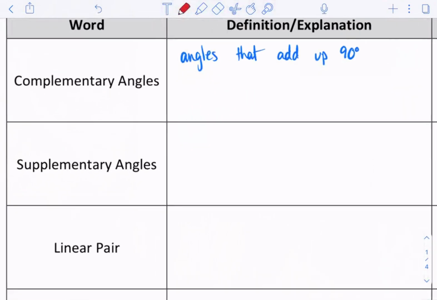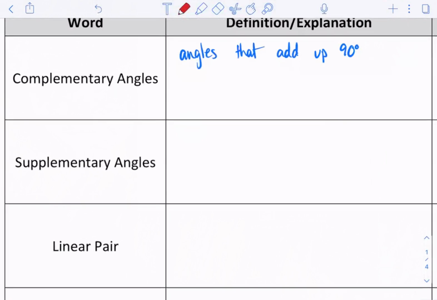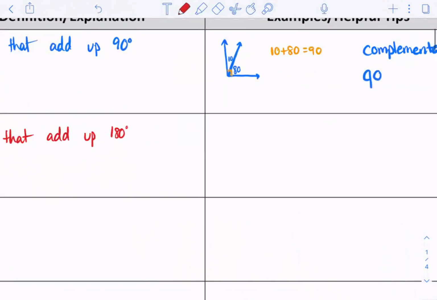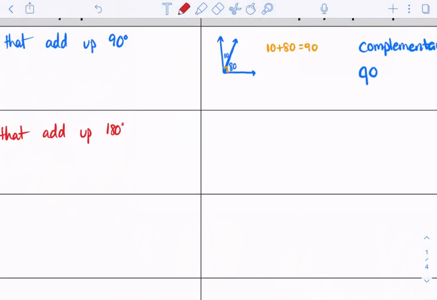Then if I take a look here at the word supplementary, now some of you are kicking back and thinking, oh, well, if complementary adds up to 90, then supplementary are angles that add up to 180 degrees. And if you remember, 180 degrees is a straight angle. It looks like that straight line. So could you imagine you have an angle that looks like this, and we'll say that angle is, let's say, 30 degrees.